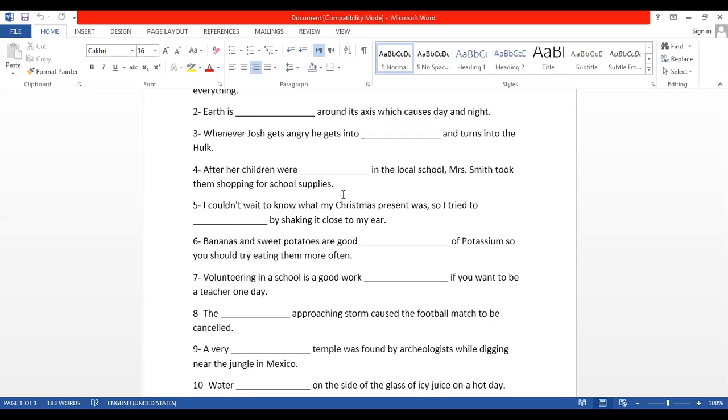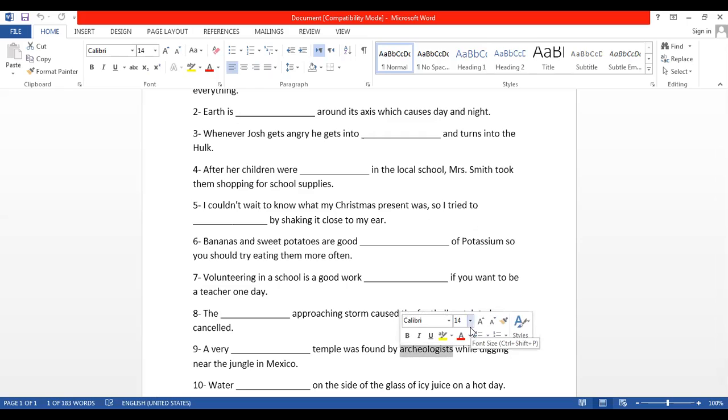A very what temple was found by archaeologists while digging near the jungle in Mexico. Do you know what is the meaning of the word archaeologist? Do you know what it means?